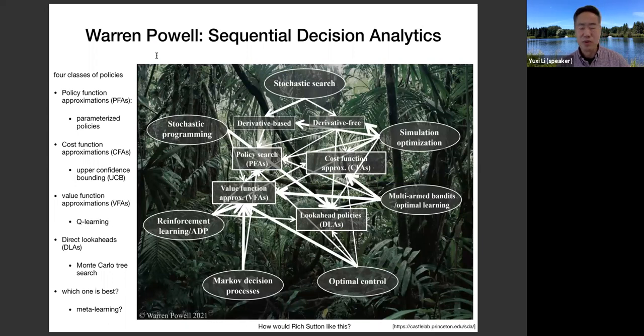And Warren Powell was a professor at Princeton, and he has done lots of work in operations research and optimal control. From that angle, he recently talked about the relationship between, say, reinforcement learning, MDP, and optimal control, and I think that's interesting to look at. He also has a recent book he's still writing about reinforcement learning and optimal control.